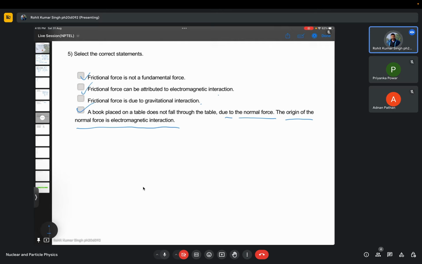Frictional force is just electromagnetic interaction at the micro level, because it is just the interaction between electrons, I mean atoms, of one object and the other. So at the micro level, it's just electromagnetic interaction.